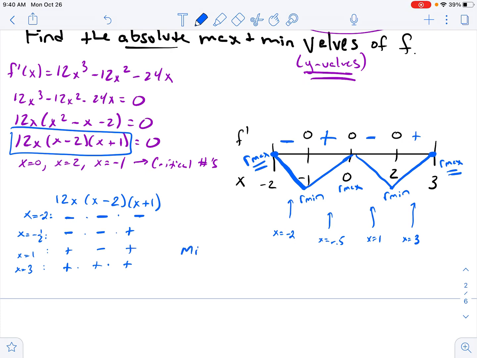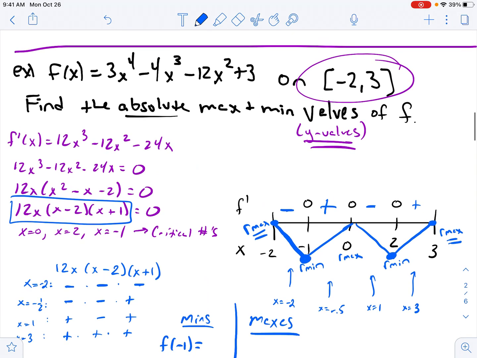So let's take a look at them separately. We got mins, we got maxes. And so I'm going to have to see, what's the lowest of the low. So I got a min at -1 and I got a min at x equals 2. So I'm actually going to evaluate the function at -1 and I'm going to evaluate the function at 2. And I'm going to see which one comes back lower, okay?